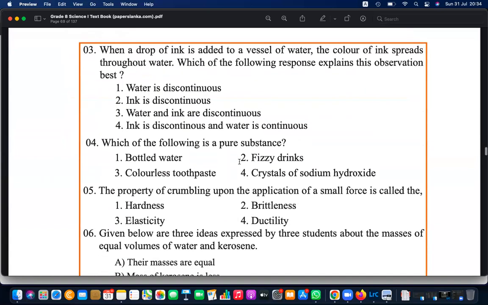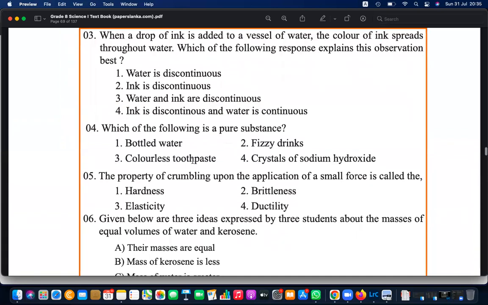When a drop of ink is added to a vessel of water, the color of ink spreads throughout the water. Which of the following responses explains this observation best? When you add a drop of ink to a water vessel, it spreads. So what is the property?